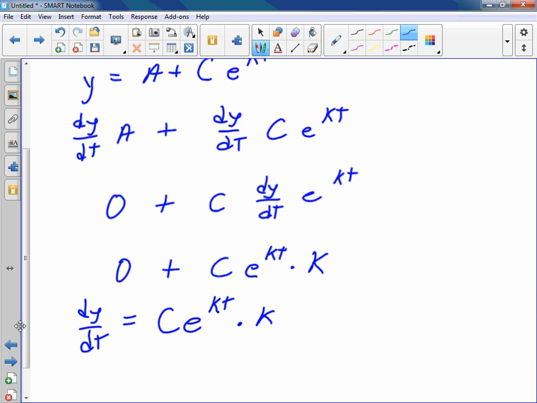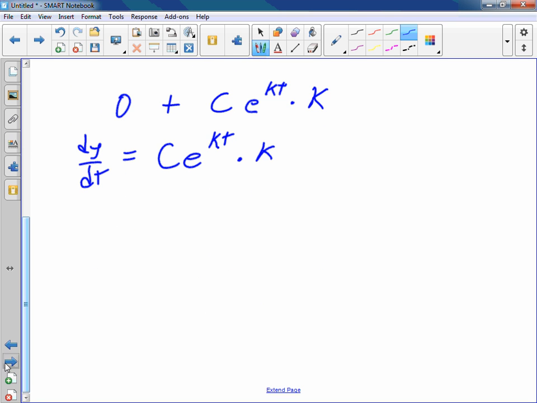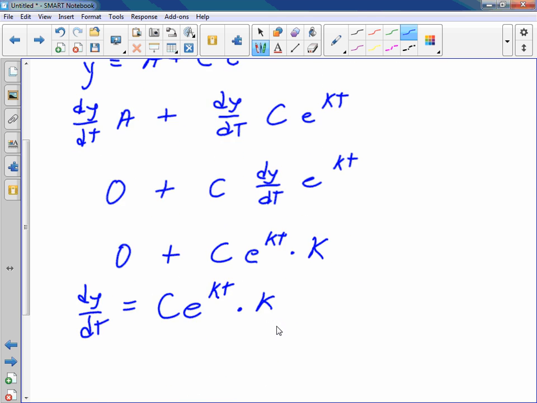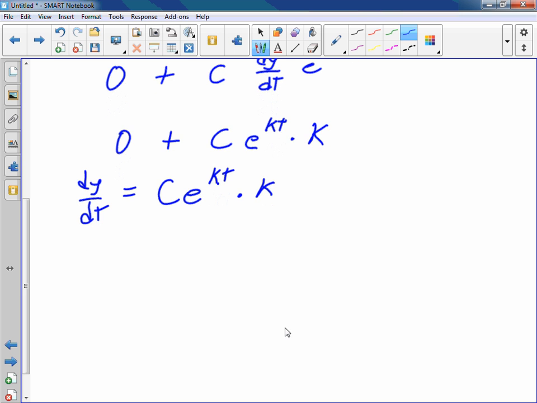Now here's where it gets tricky. It doesn't look like what we want it to look like. We want it to look like something with an A in it, and we don't have any A's. So we need an A term, and that is going to help us big time.